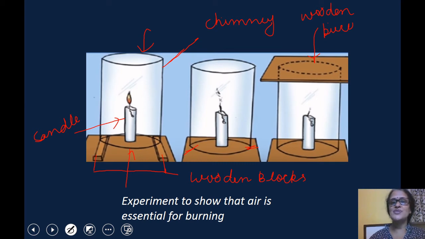So now there is no chance of air or oxygen entering. So in the third case, the flame will be extinguished. With the help of this activity, you can prove that air or oxygen is essential for the process of combustion. If there is no air, no oxygen, the process of combustion won't take place.